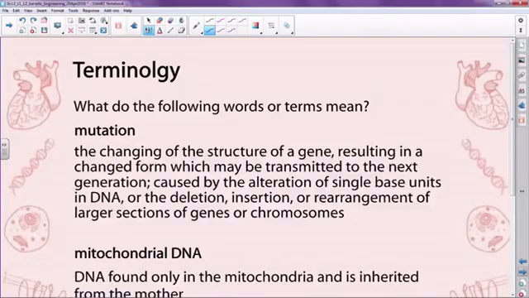Welcome. Let's have a look at it again. I'm sure you've given me everything that you have. Here, mutation.